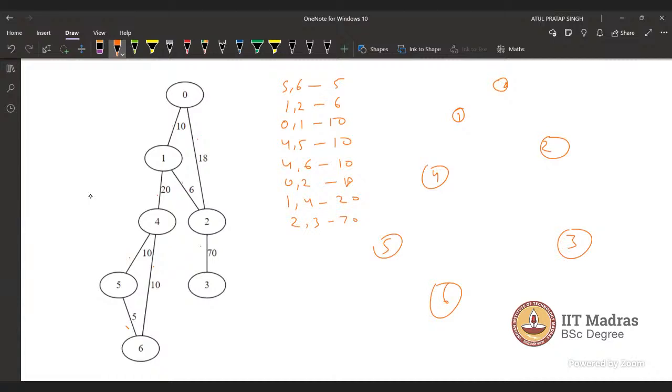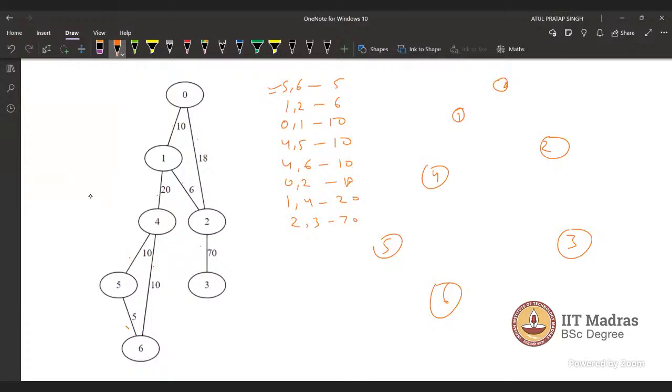We take the edges one by one and check whether one creates a cycle. If it creates a cycle, we do not consider it. If it does not create a cycle, we add it to our spanning tree.